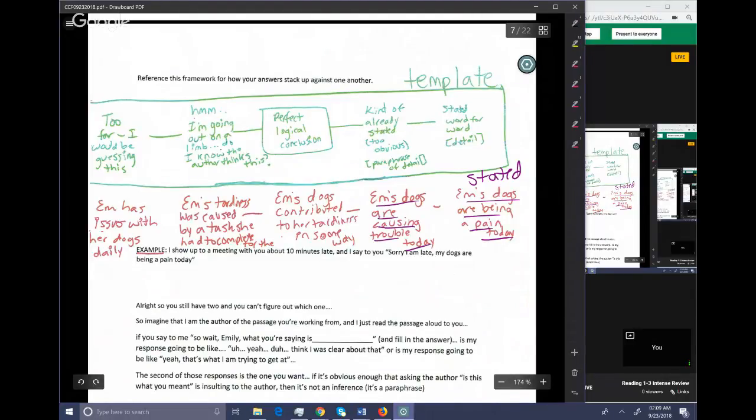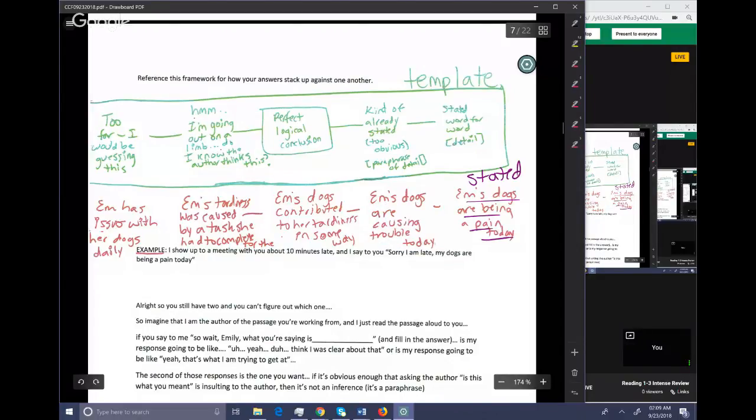I added in the word trouble, but that's not very much of a stretch from saying being a pain. I didn't really go out of my way to infer that. So if you were to say to me, so what you're trying to hint at is that your dogs are causing trouble, it would be like, yeah, obviously that's what I was hinting at. I pretty much said they were.